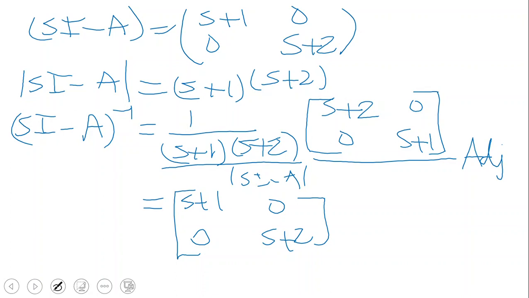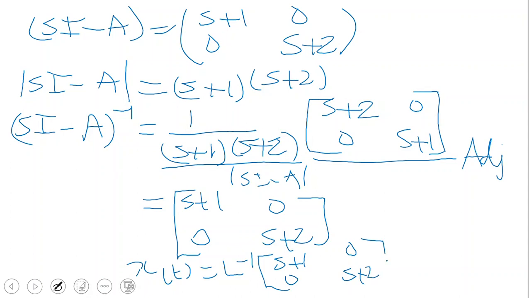So how to find out x of t? x of t is L inverse of (sI minus A) inverse, that is s plus 1, 0, 0, s plus 2, into x of 0. So what is your x of 0? 1 and 1.